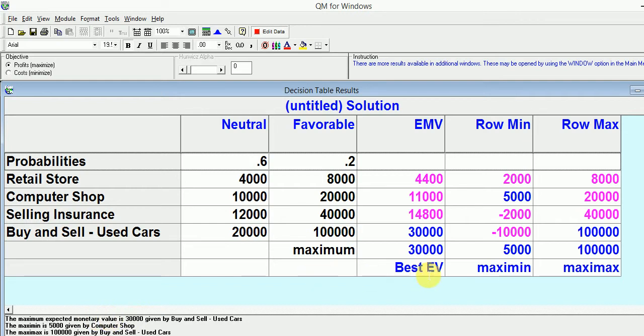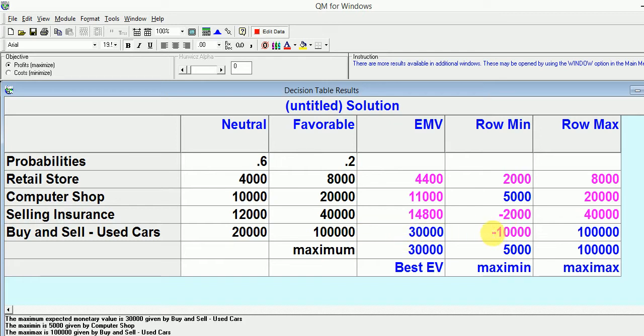It more or less computes for the scenarios of the market and what is the probability of having a neutral market, a favorable market, or an unfavorable market. So for example, if we let the expected monetary value play average on us, we will choose buying and selling of used cars because it is the highest profit at 30,000.